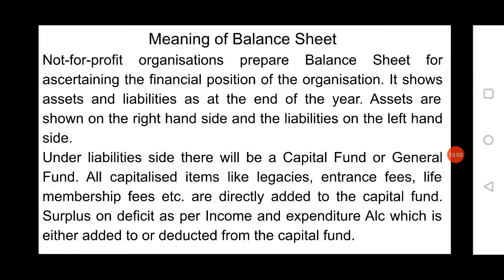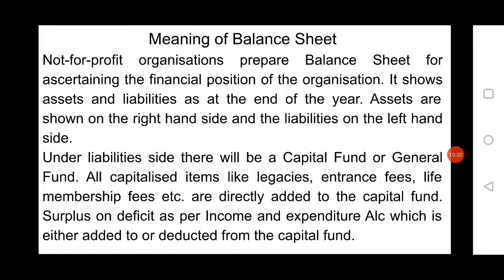Under the liability side, there will be a capital fund or general fund. All capitalized items like legacies, entrance fees, life membership fees, etc. are directly added to the capital fund. Surplus or deficit as per the income and expenditure account is either added or deducted from the capital fund.